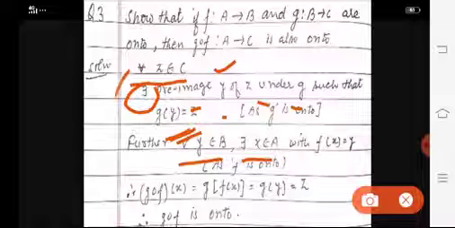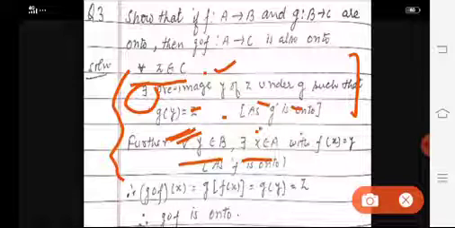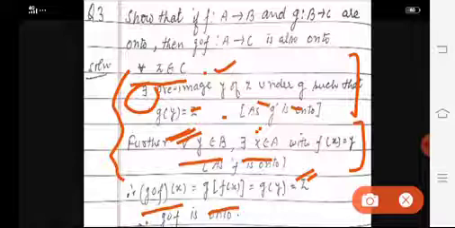So from here, what we have seen in the first part, we have shown that corresponding to every element in set C, there is an element in set B, and in these two lines we have shown that corresponding to every element in set B, there is an element in set A. So we can say that (g∘f)(x) equals what? By the definition, g(f(x)).